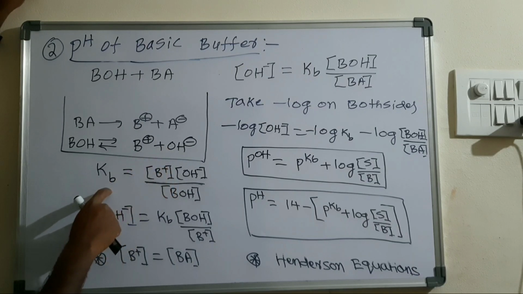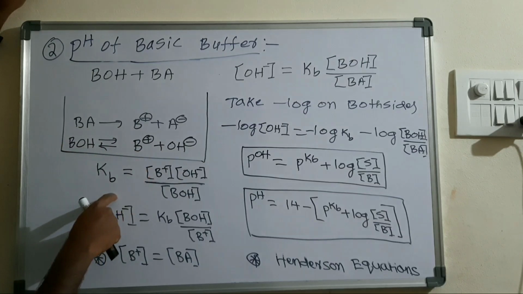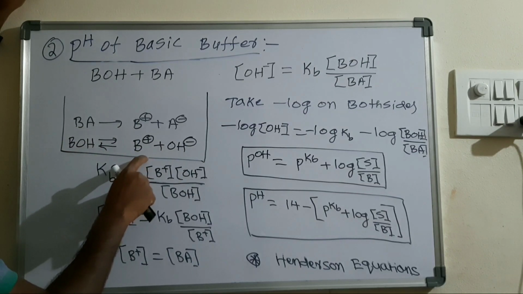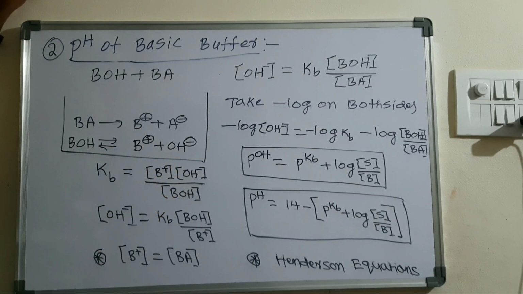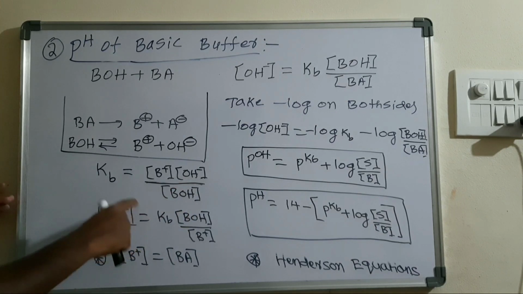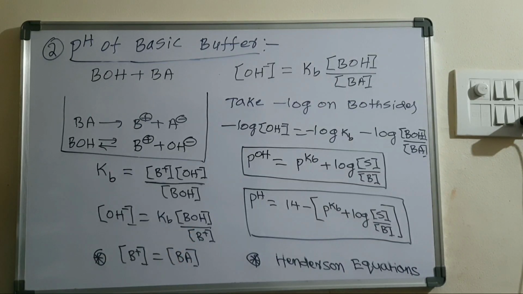Here, for the OH minus ion concentration, first write the equilibrium constant for this ionic equilibrium. Kb equals the product of molar concentrations of products divided by the reactant BOH. You can make OH minus ion the subject of the formula: Kb into the concentration of BOH divided by the concentration of B plus ion. Due to the common ion effect, the B plus ion concentration equals the BA concentration, and you can substitute in the above equation.